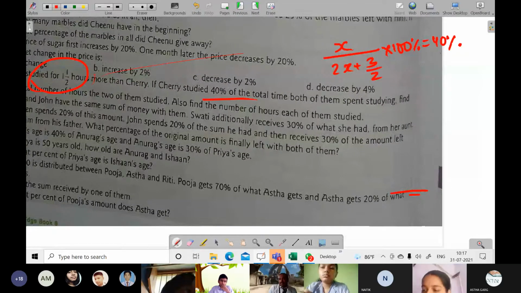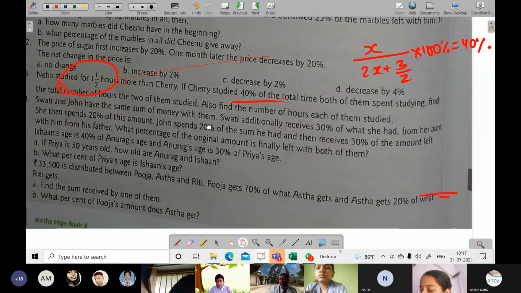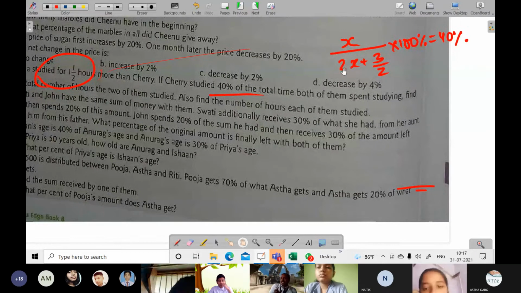And when you get that, you will find Neha's time. Did you understand how this x by 2x plus 3 by 2 came? Because total time is x plus Neha's time, x plus 3 by 2, so it becomes 2x plus 3 by 2.